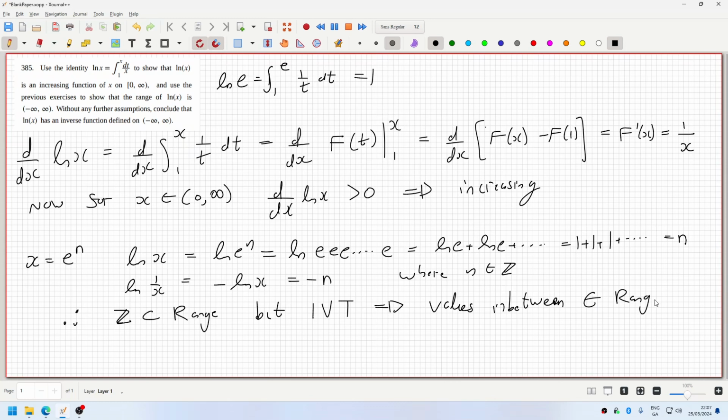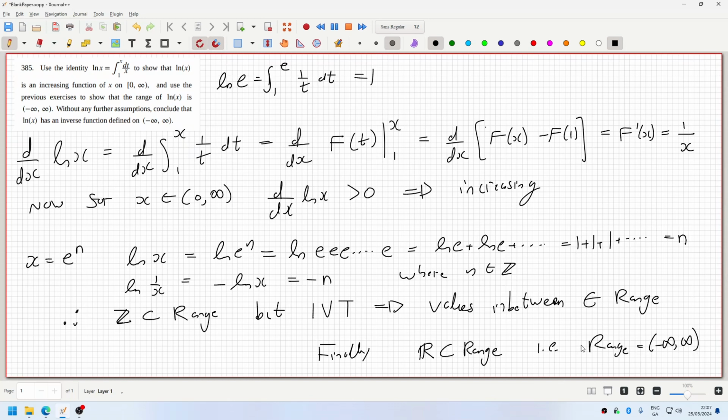So if all the integers are part of the range, and the values in between the integers are part of the range, then it must be the case that all the real numbers are part of the range. So i.e. the range equals minus infinity to infinity.